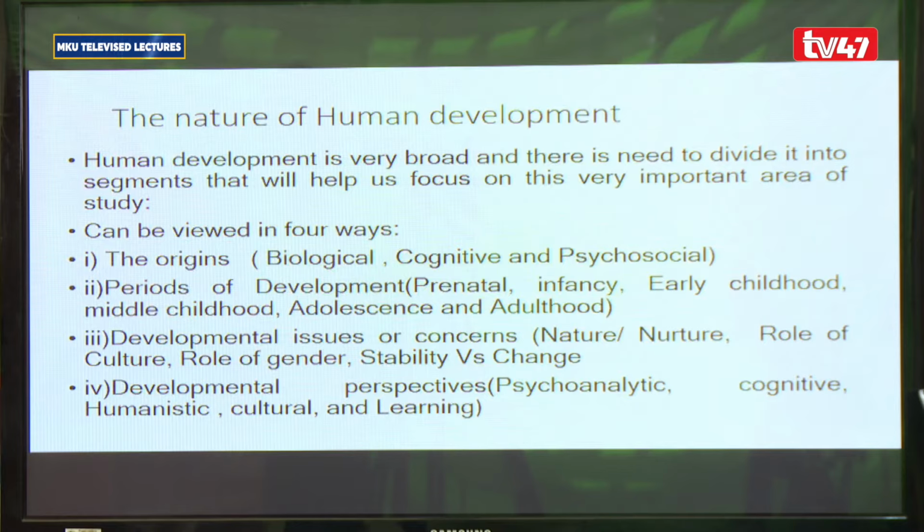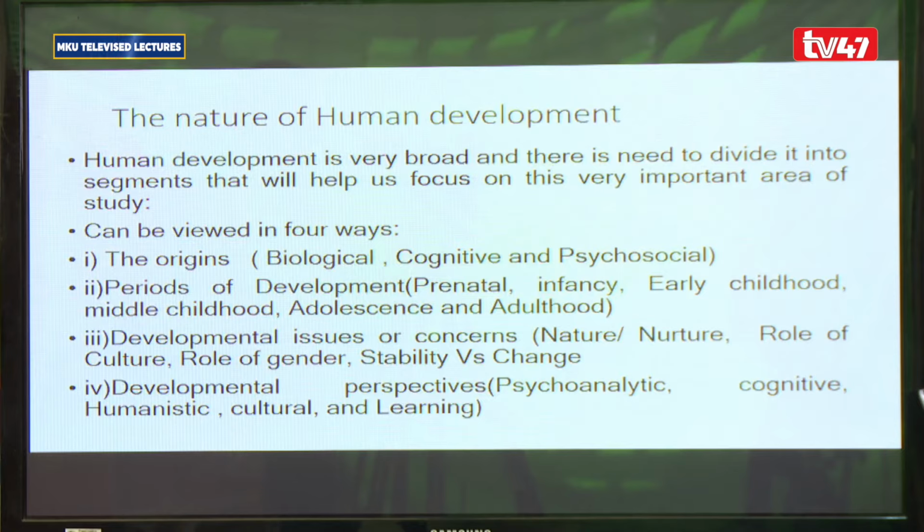The second one is to do with the periods of development. So if you want to understand development, you have to unpack it again, as we have said earlier. You cannot just think of development wholesale. Divide it into small segments, and this time we can conceptualize it in terms of the different sections of development.